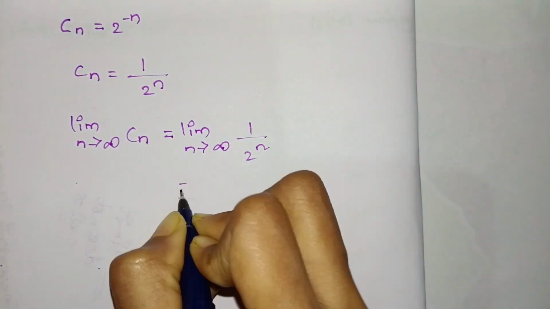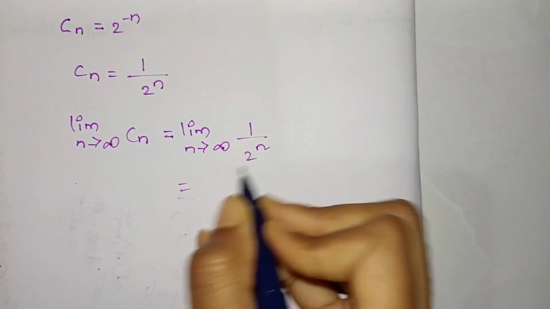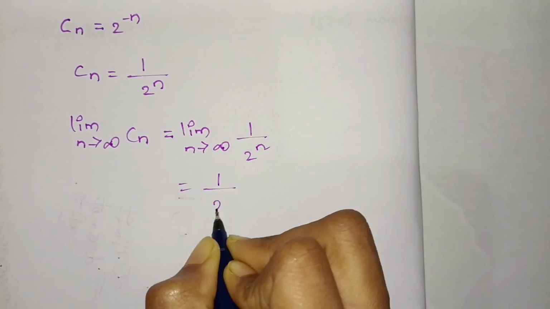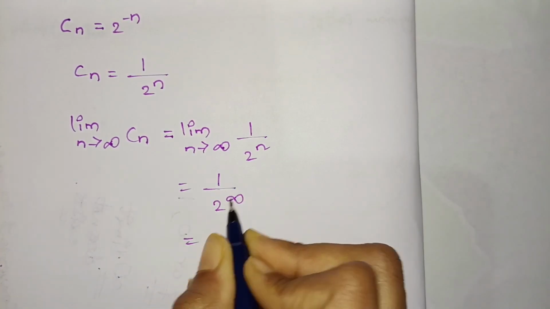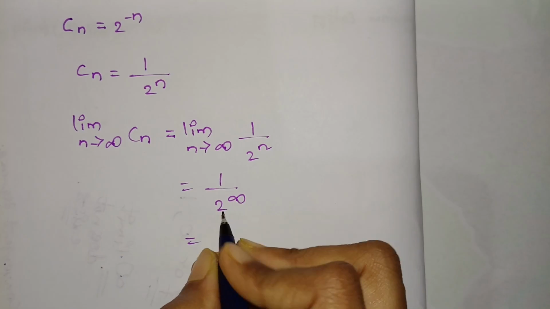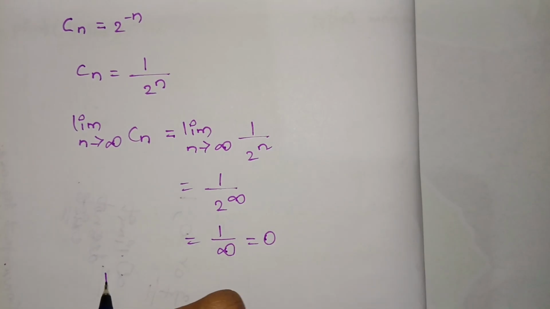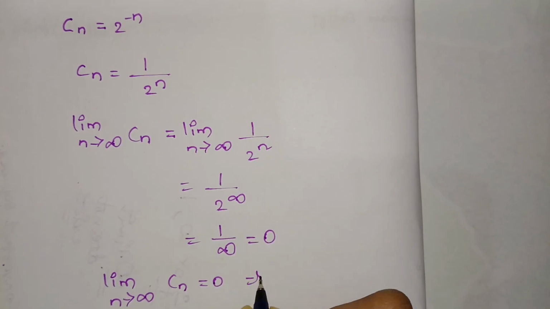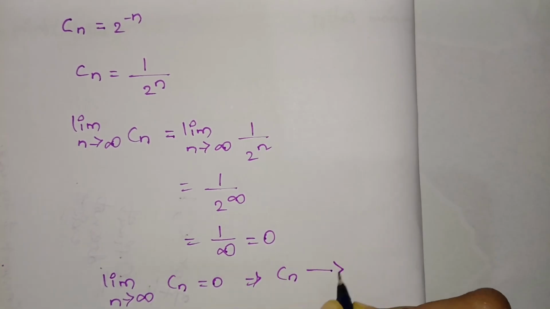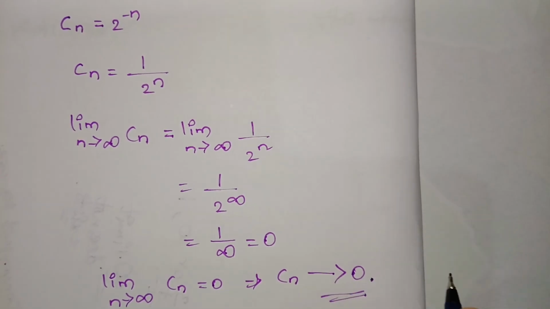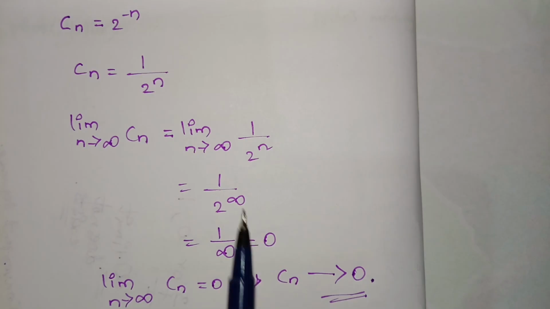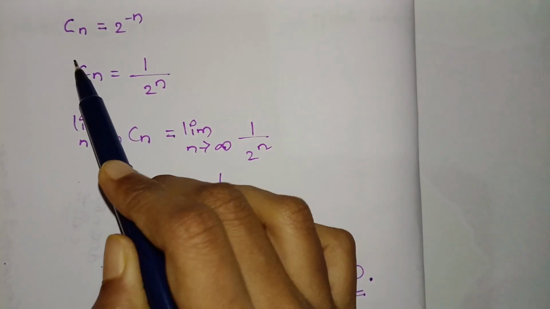If we substitute infinity in place of n, then we get 1 by 2 power infinity. So 2 power infinity is infinity. So 1 by infinity is equal to 0. So limit n tends to infinity Cn equal to 0, which means Cn converges to 0. So here the limit value is unique, so we can say that the limit exists and the sequence is a convergent sequence.